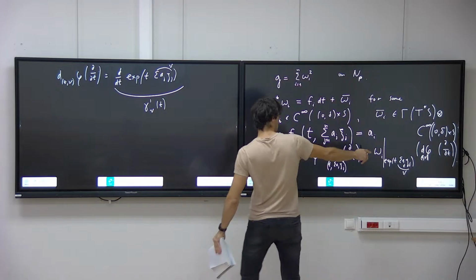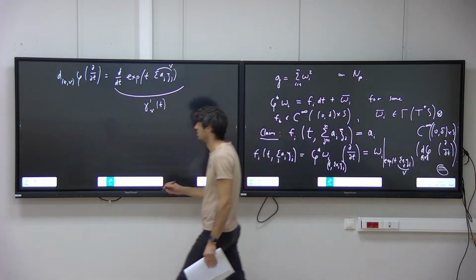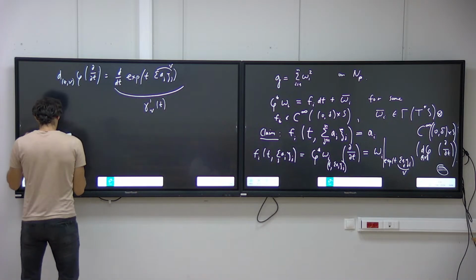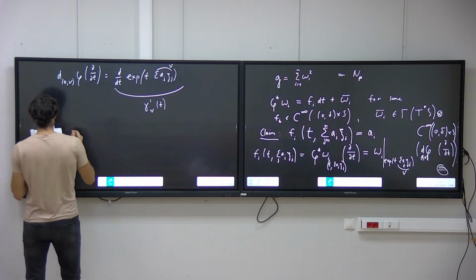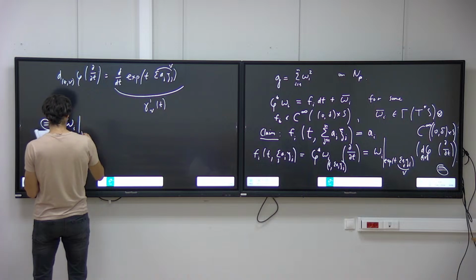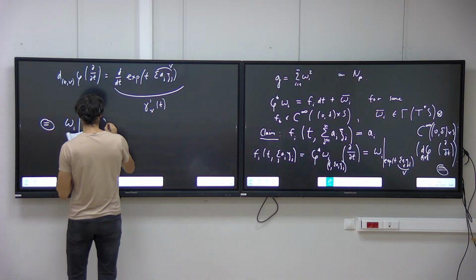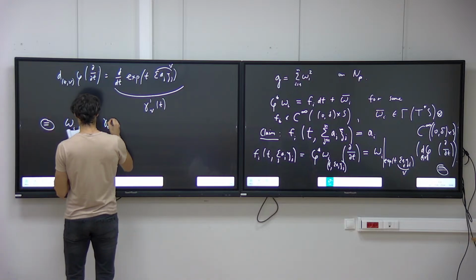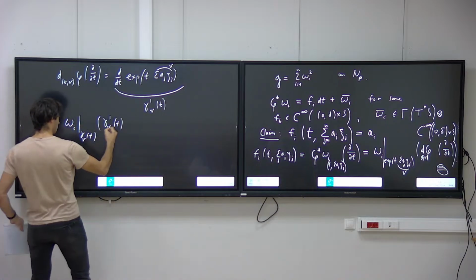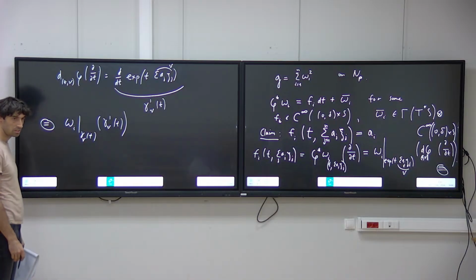Okay, so I'm just continuing. So this equals omega I at the point gamma V t of gamma V prime of t. Like this.